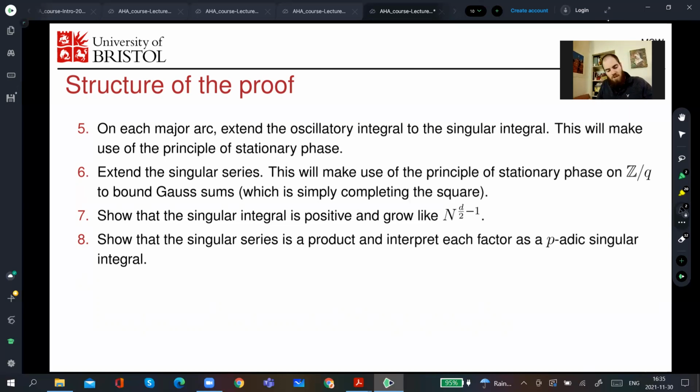Now the point of departure right here is in 7 and 8. So actually 7 it's not really a point of departure. It's just a more mature perspective. That singular integral we saw before was the volume of the sphere with a particular measure on it.